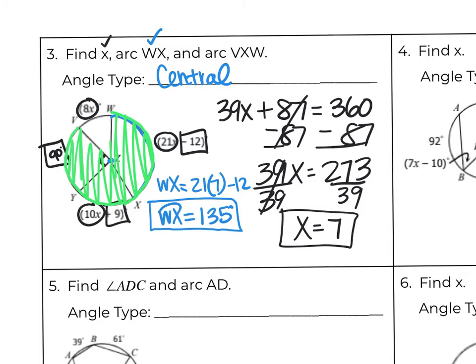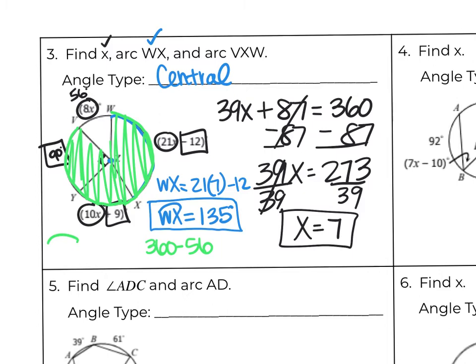What would that give us? 8 times 7, 56. So that's now 56. What could we do with the 56? Is that part included? No. So you could do 360 minus 56. That is the easiest way to do that one.